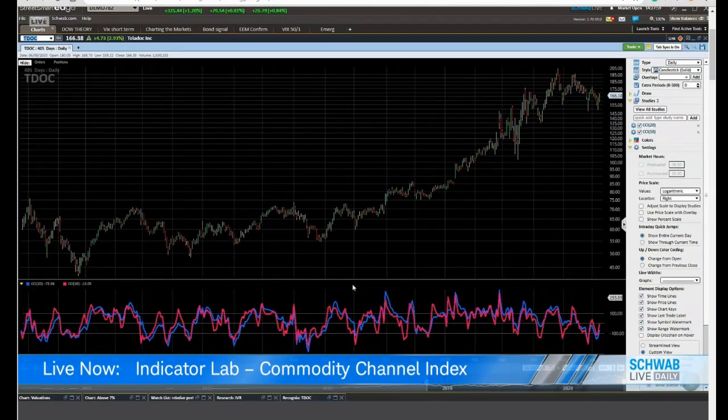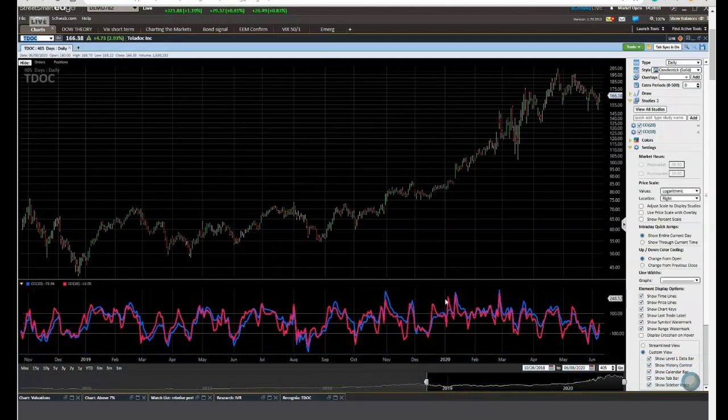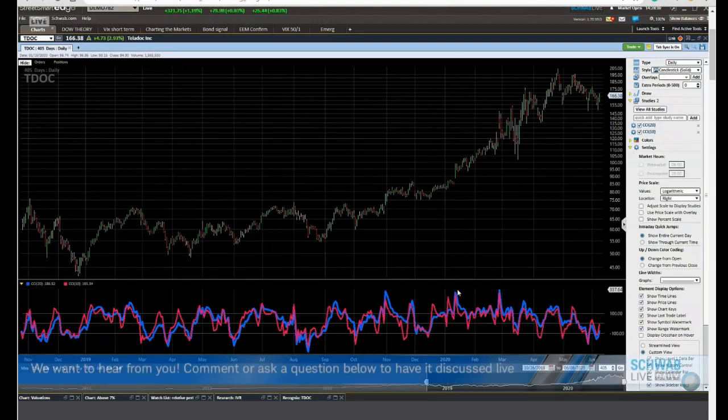Right. So, you got up to 300. So you can get much above 100. If you're trying to compare two with the same momentum, then the higher CCI value would have a bit more momentum to it.